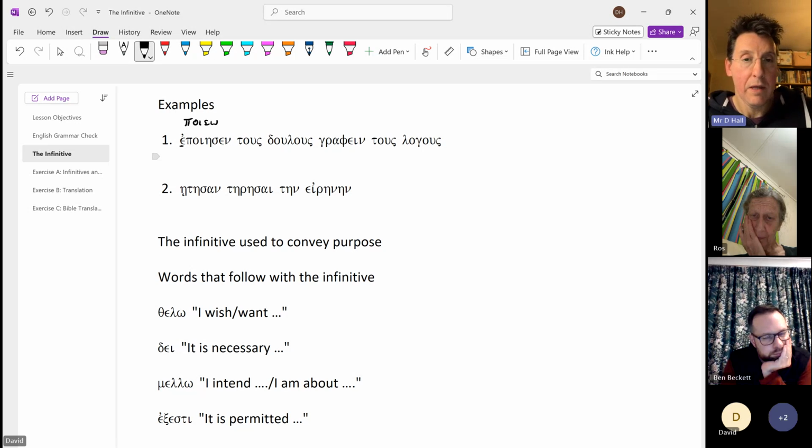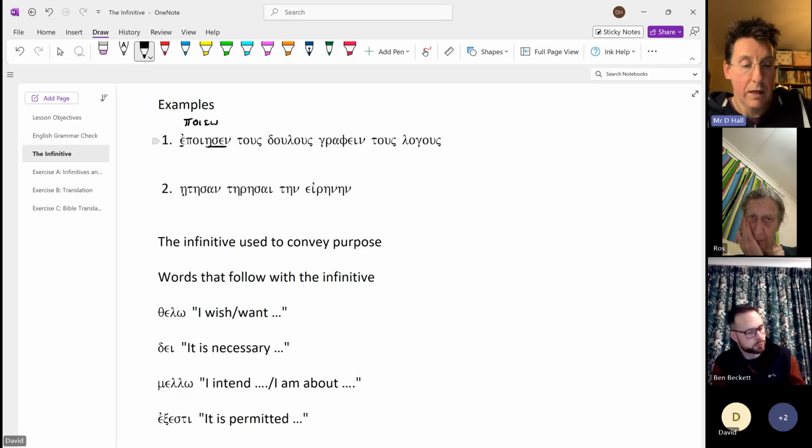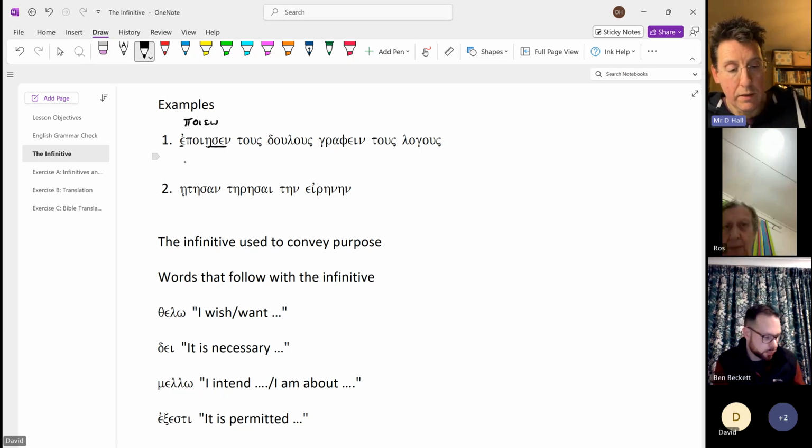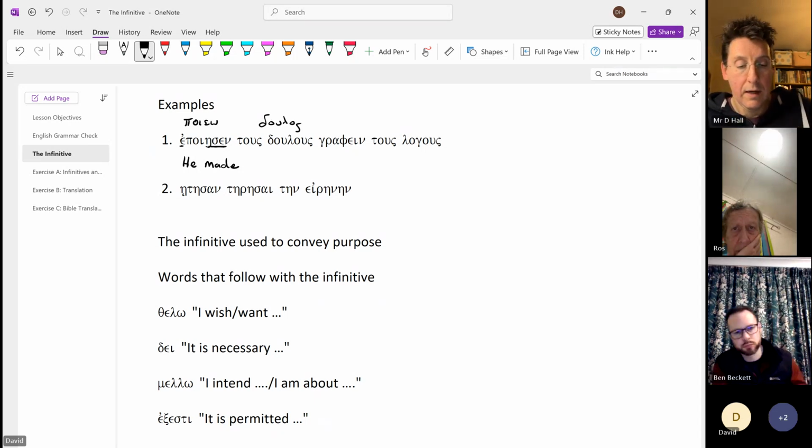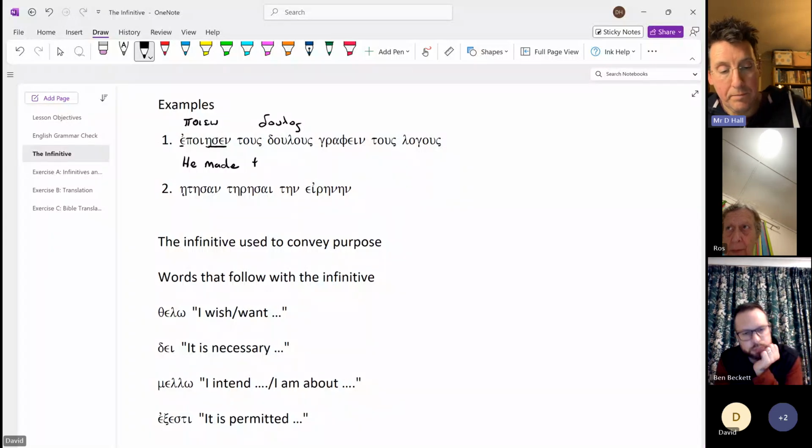So it's either going to be the imperfect or the aorist. And then we look at our endings, and we've got an aorist here. So he made, and it's the third person singular. Then we've got tous doulous, which is the slaves from doulos, and that's our plural form, and it's the accusative, which is the object of our sentence. So he made the slaves.